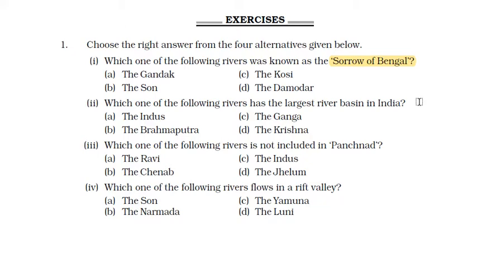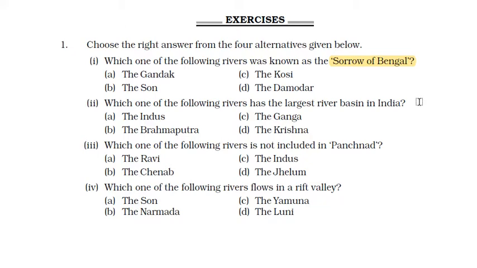A, Gandak; B, the Son; C, the Kosi; and D, Damodar. Now we all know that the Sorrow of Bihar is the river Kosi. Okay, so you don't confuse it with the Sorrow of Bengal.